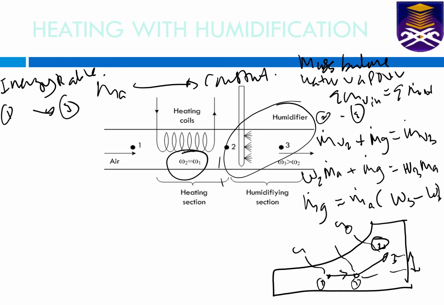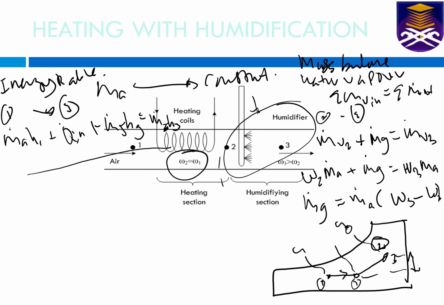So m dot a h1 plus q in plus m dot g hg equal to m dot a h3. This is the energy balance from 1 to 3.